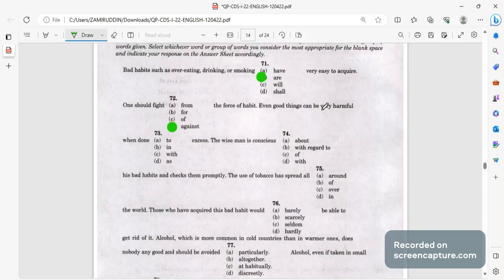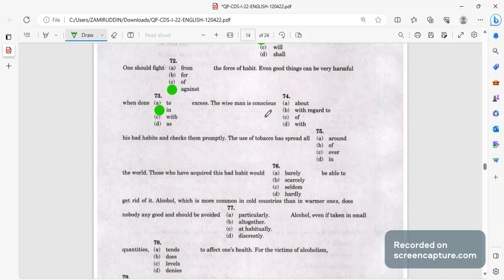Even good things can be very harmful when done in excess. जब भी हम किसी चीज को ज्यादा में करते हैं वो हमेशा हार्मफुल रहता है. The wise man is conscious of his bad habits and checks them promptly. The use of tobacco has spread all over the world. वो सारे जगह पे spread हो गया है.